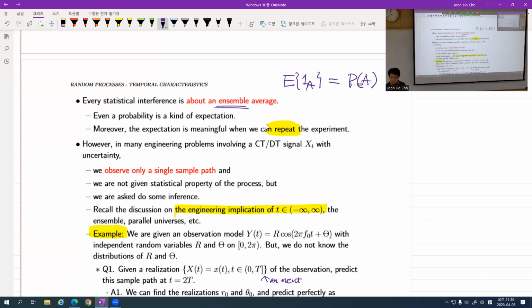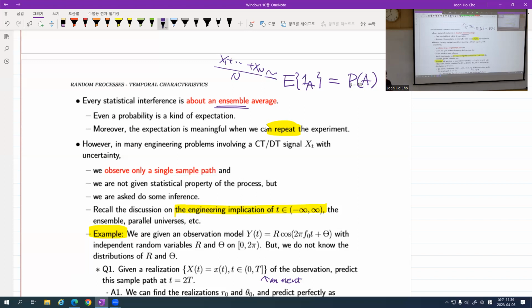Otherwise, that expectation does not make sense, because the most important relation between expectation and our experience is that we replace expectation using some arithmetic average, which means what? We rely on the law of large numbers, conceptually or formally. Got it?